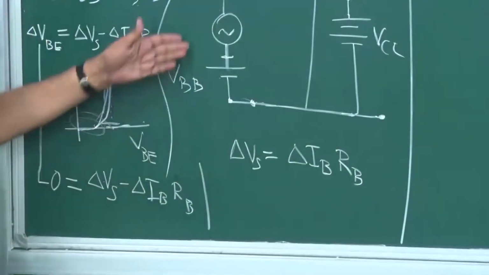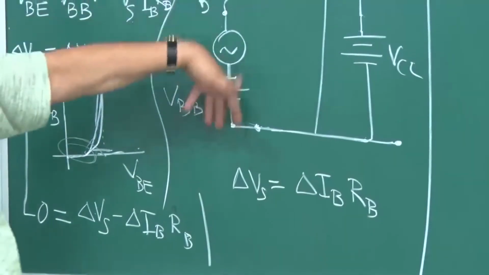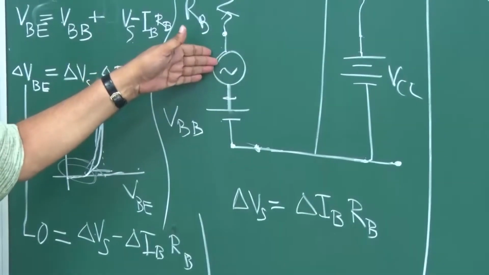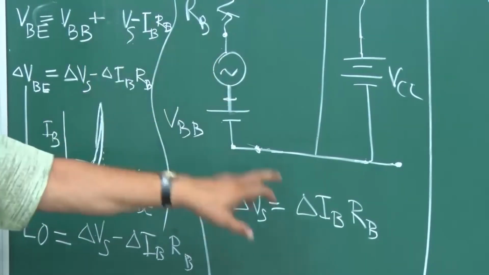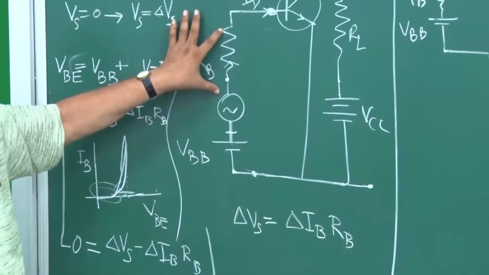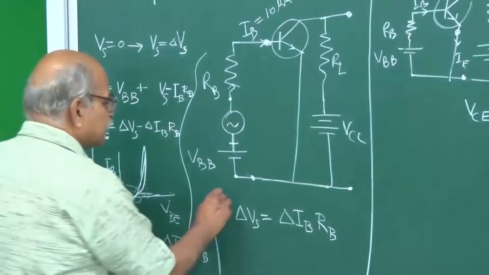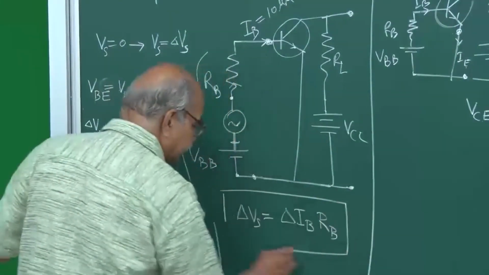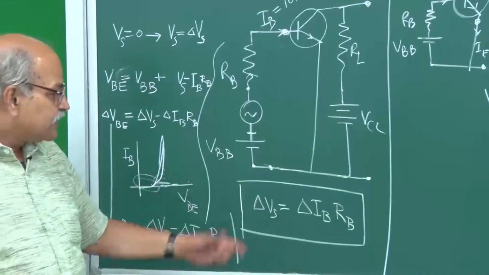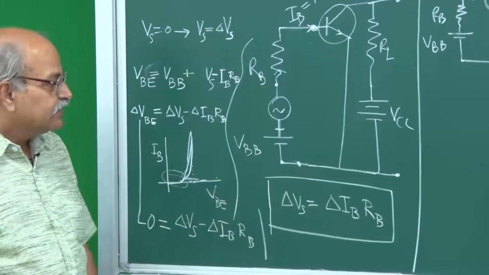So whatever voltage change in the biasing is brought about by this signal, that is compensated by the increased or decreased voltage drop here. So you have this equation. The variation in signal in time delta t can be written like this.